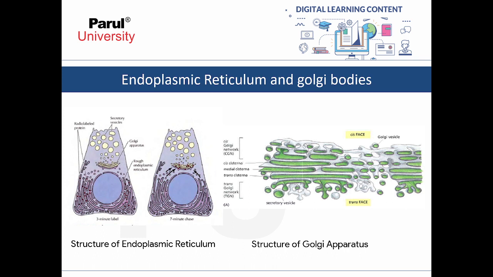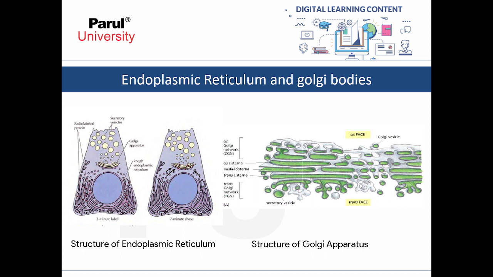Now, if we talk about how proteins leave the ER, proteins leave the ER in COP2 coated transport vesicles. We have already discussed the COP1 and COP2 coated vesicles. To initiate their journey along the biosynthetic secretory pathway, proteins that have entered the ER and are destined for the Golgi apparatus or beyond are first packaged into small COP2 coated transport vesicles.